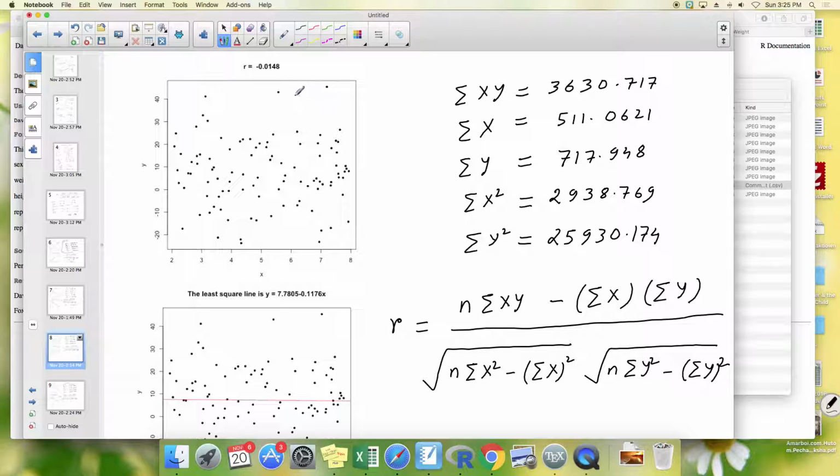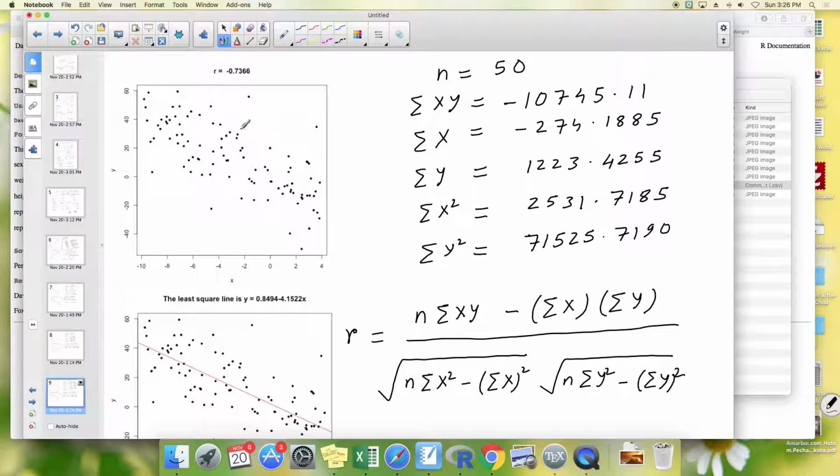So you cannot even make out that this whole thing is negative. It looks like a blob, but that's what you expect because this r is very close to 0. Because it's very close to 0, there is no linear trend. It looks like a blob. And on this one, you can see the direction is negative, but it's not so strong.